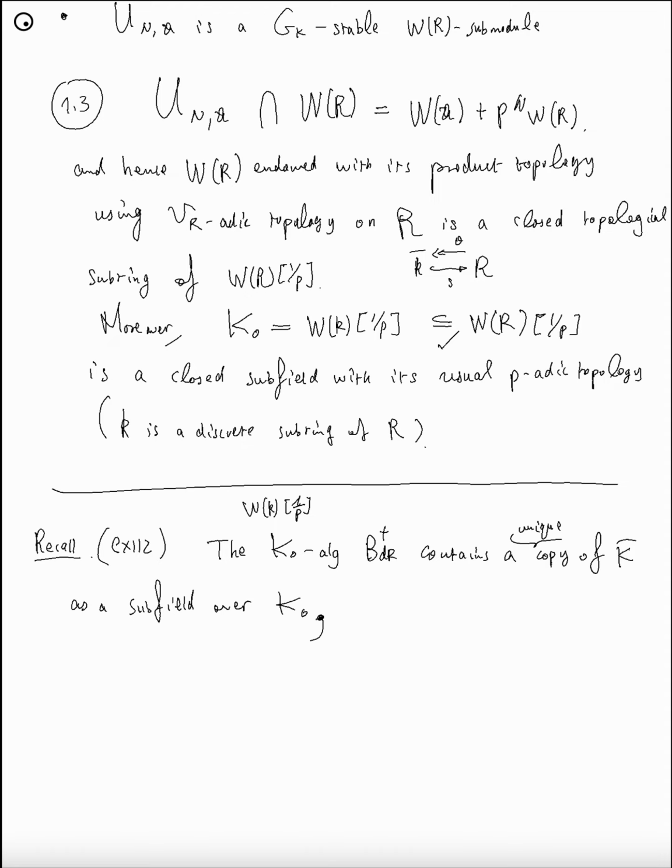And this exercise 112 claims more: this lifting from the residue field C_K to B_dR^+ is compatible with the G_K0 action. That's what we have proved in exercise 112, but we haven't really proved the following thing.